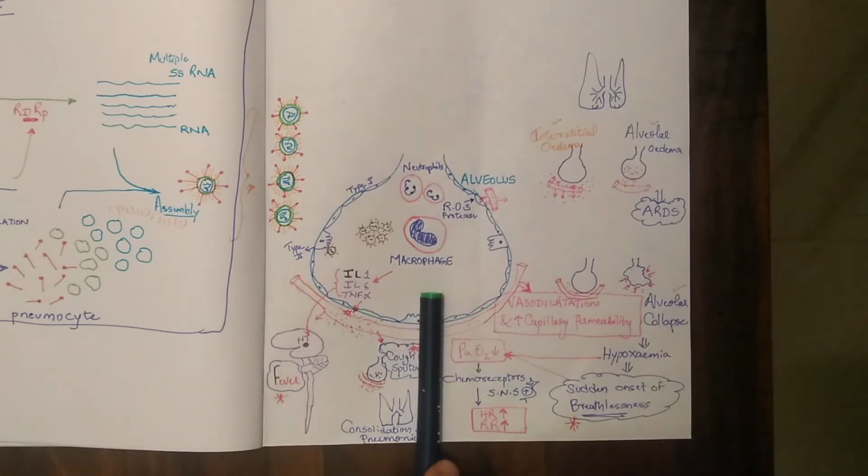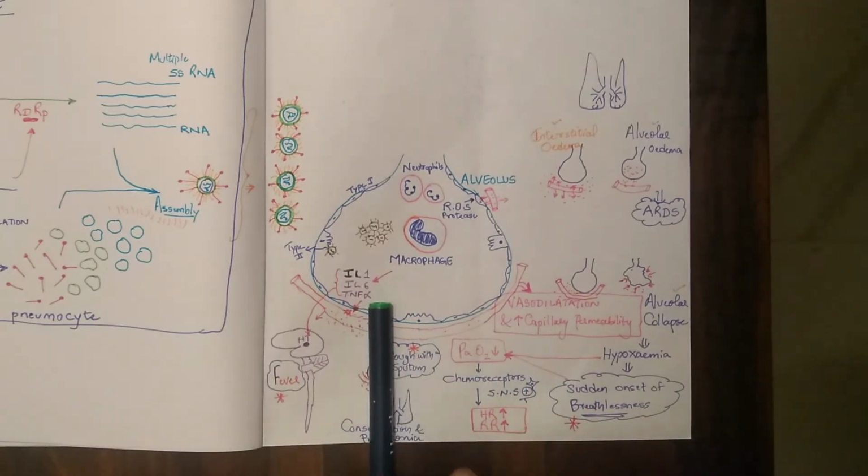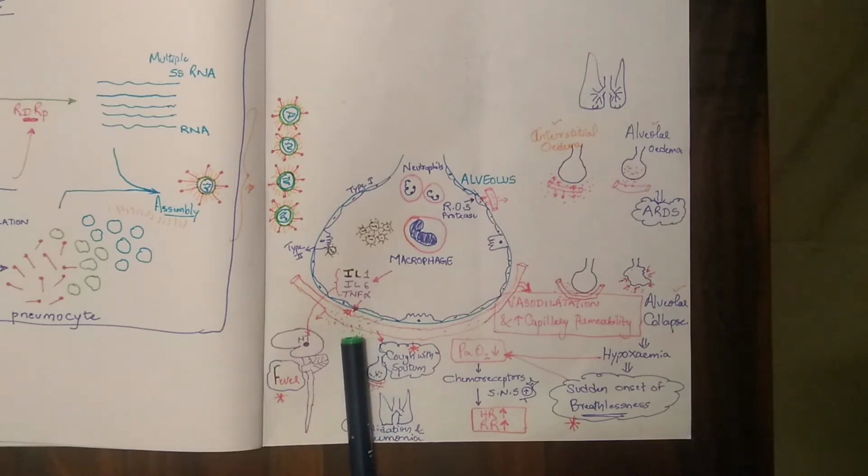This macrophage releases inflammatory mediators, that is interleukin 1, interleukin 6 and tumor necrosis factor alpha. The main pathophysiology behind this is that these inflammatory mediators will damage the pulmonary capillary endothelium.